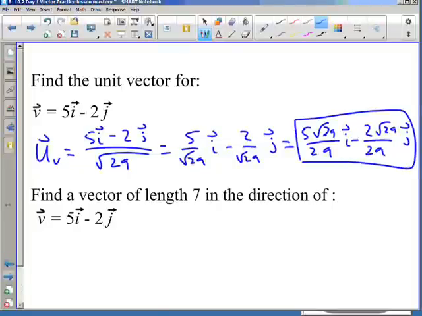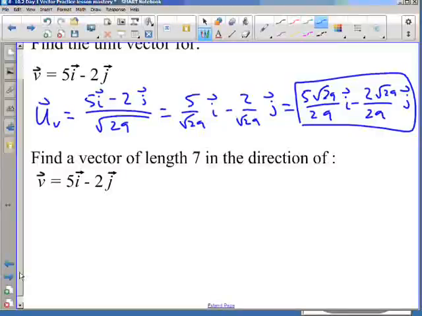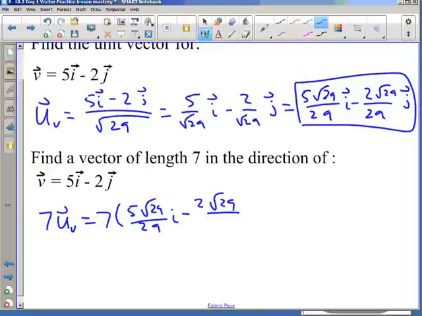Right, so there's our unit vector. To make a vector in the same direction 7 units long, we simply take 7 times the unit vector. And that's 35 root 29 over 29 i.